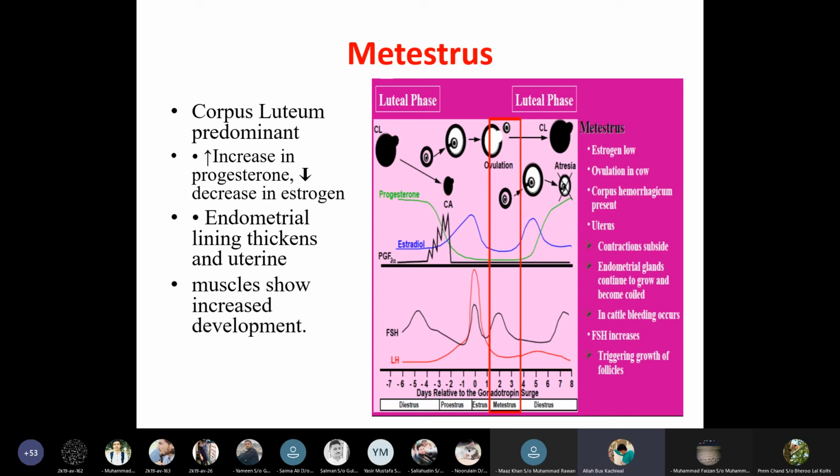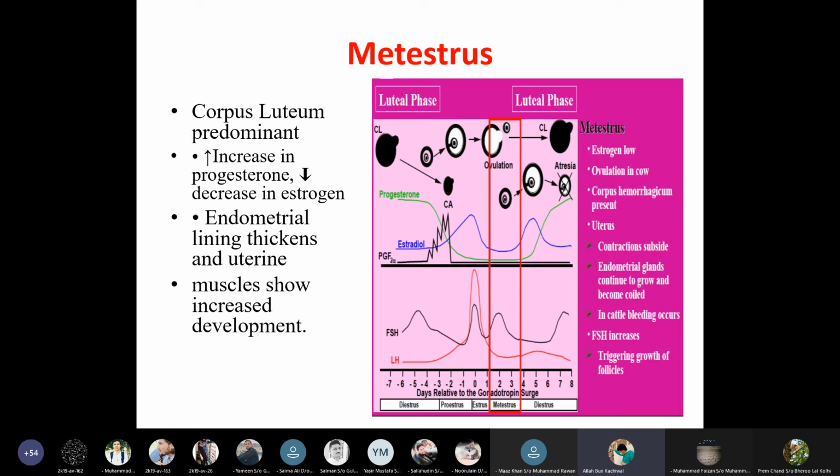Metestrus is a condition in which the corpus luteum is predominant, which increases the progesterone level and decreases the estrogen level. So the endometrium lining thickens and uterine muscles show increased development.